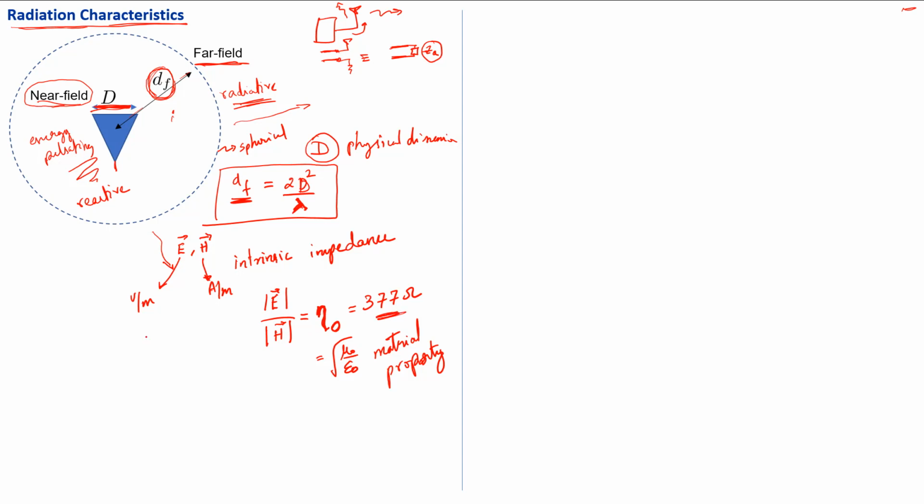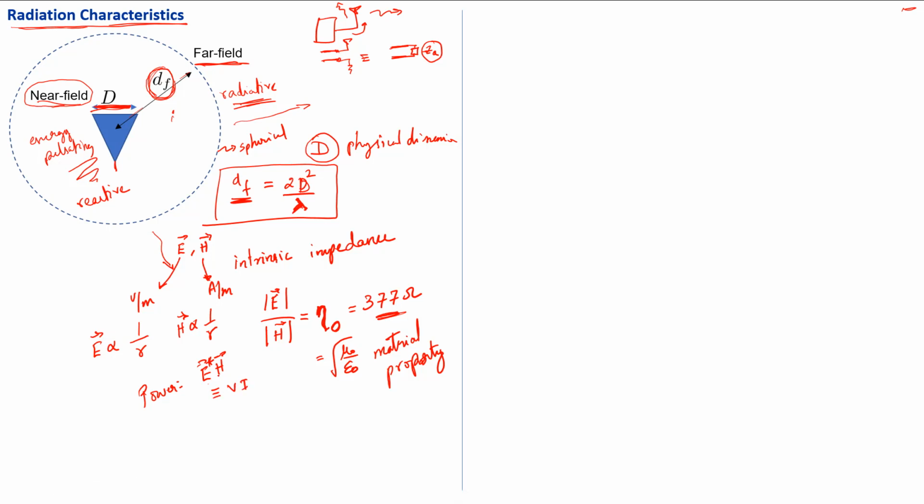Not only that, it turns out that the electric and the magnetic fields decay at the rate of 1 over R. The electric field is proportional to 1 over R, and so is the magnetic field. If you look at the power term, power is going to be E times H, in complex form the conjugate, but in general it's like voltage times current, to draw an analogy.